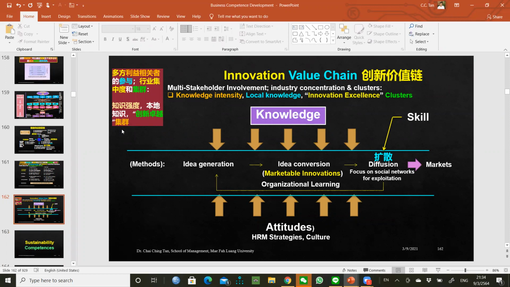So we are connecting the supply chain to be a value co-creation, and especially in terms of innovations, value co-creation. So we're talking about there is a value chain, which is the methods, right? So we have idea generations, conversions, and diffusions, which we already talked about, and then moving to the markets, which then need knowledge and attitude. So we're talking about knowledge, attitude, and skill, and the skill is the method.